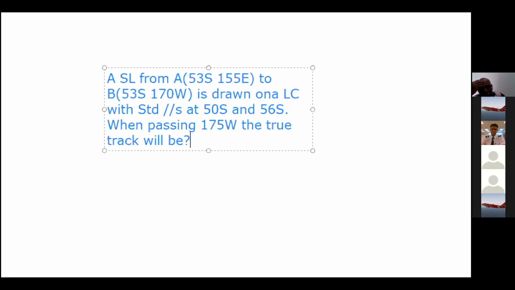If you do 30 degrees change of longitude, you get convergency how much? 24. So you start at 102 and you end at 078. And what you want to know is what is the track at 175? It is 078. So actually, sir, it's not really necessary to find the 170. Not necessary.